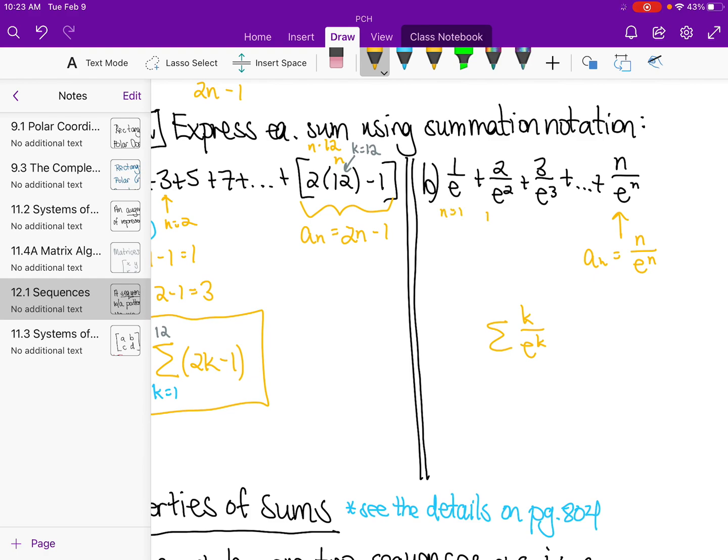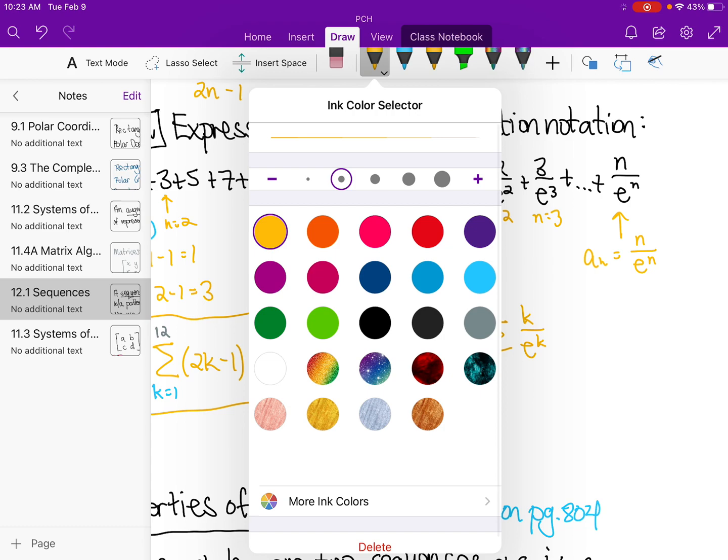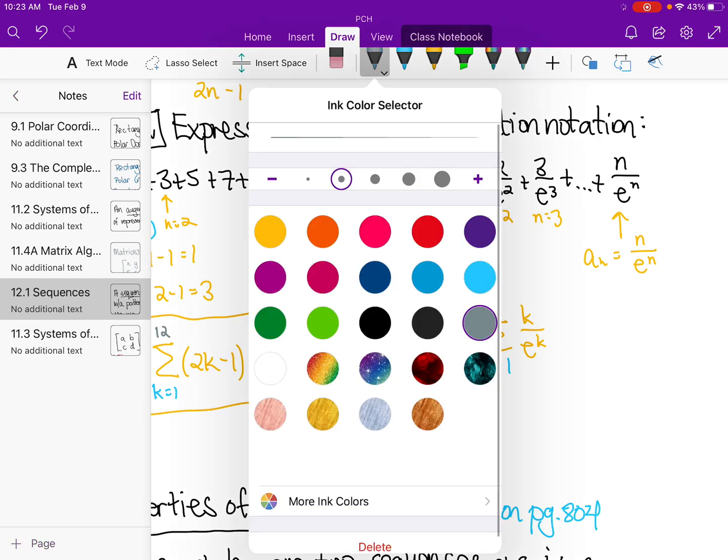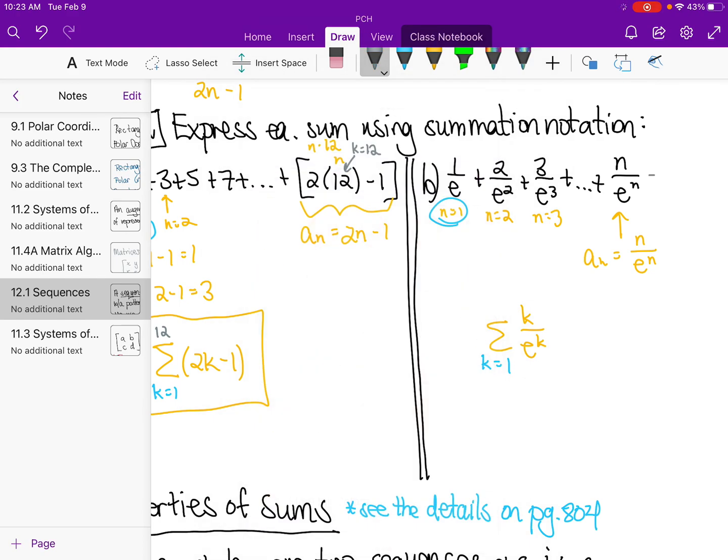Plugging in a 1, plugging in a 2, plugging in a 3, and so on, right? So this is clearly telling me that my starting point is k equals 1. My ending point is k equals n. The last thing I plug in to get that last term is n.